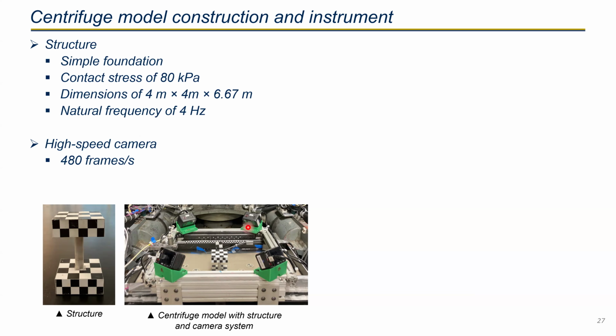It consists of 4 high-speed cameras, and this camera system was placed on the top of the container, recording the structure during the test. On the structure, we put this checkerboard mark so that we can exactly track the points. And the high-speed camera can record video up to 480 frames per second.